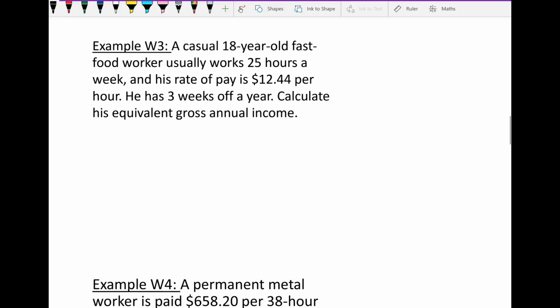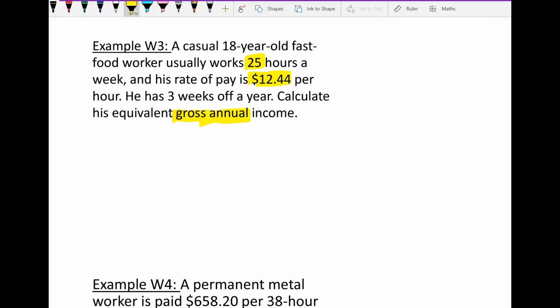Let's take a look at this one. A casual 18-year-old fast food worker usually works 25 hours a week and his rate of pay is $12.44 an hour. He has 3 weeks off a year. Calculate his equivalent gross annual income. Okay, well there's that word gross. Okay, altogether for the year, how much would he earn? Okay, well we've got, he works 25 hours in a week.